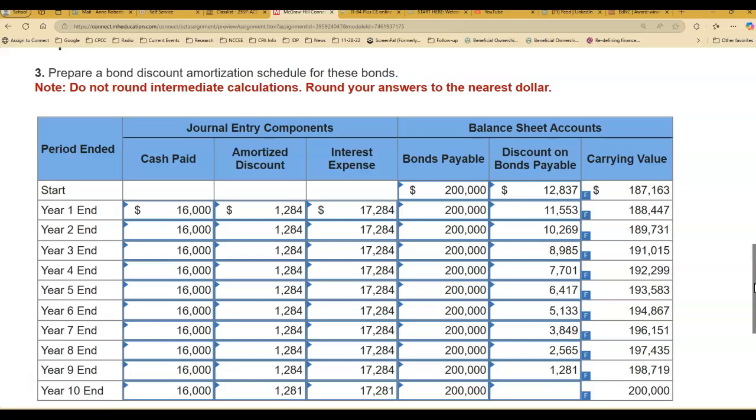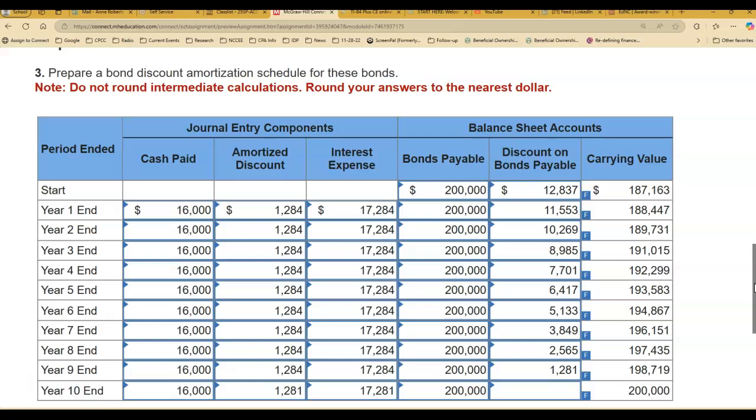You with me? So we allocate that whole entire discount, and then notice what's happening here. In the carrying value column, we're simply taking the bond payable minus the unamortized discount to get to the carrying value. So notice what's happening there. When we issue at a discount, the carrying value starts low, and as we allocate, the carrying value increases up to the amount that we're going to have to pay on the maturity date, which in this case is the $200,000.